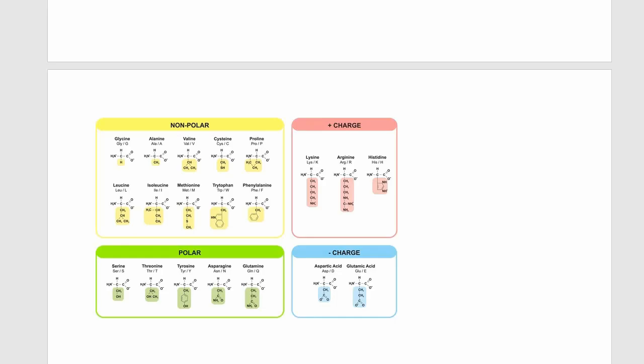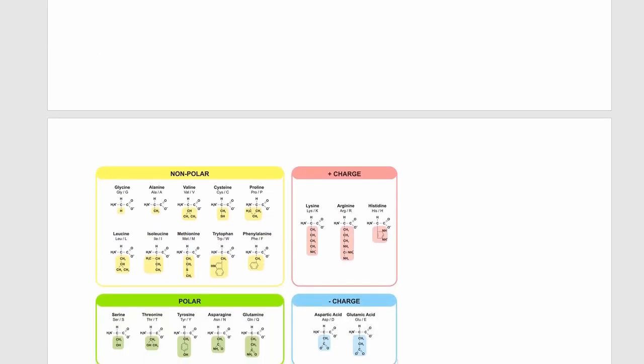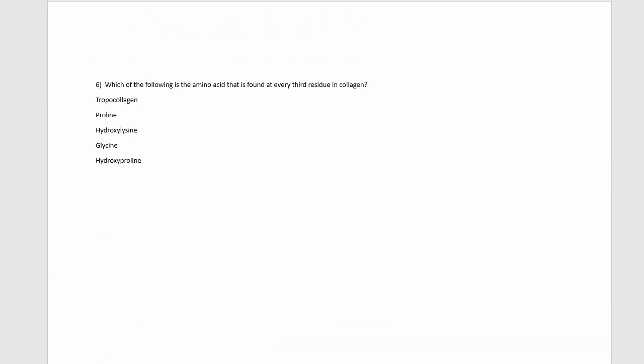And these amino acids are divided into different groups, whether they're polar, non-polar, positively charged, negatively charged, that kind of thing. If we look at this, one thing you might notice, hydroxylysine, hydroxyproline, hang on, that seems weird. Proline and lysine are both amino acids. However, hydroxyproline and hydroxylysine aren't.